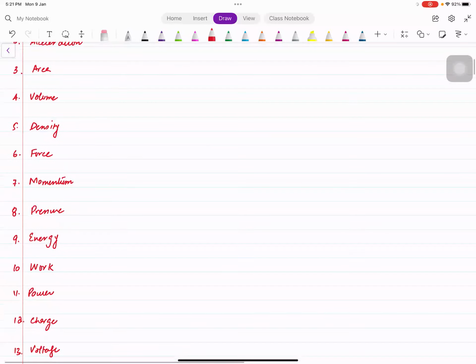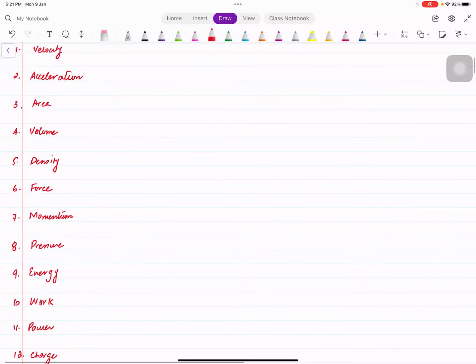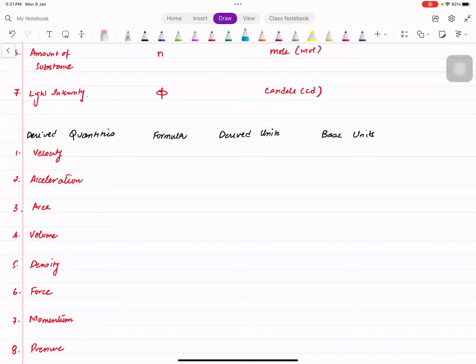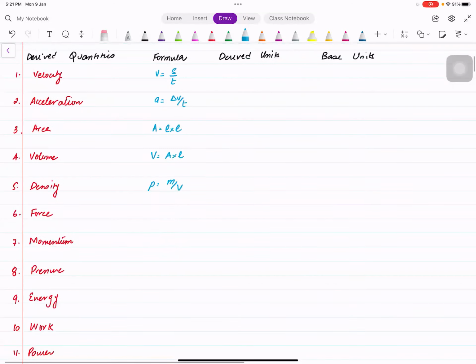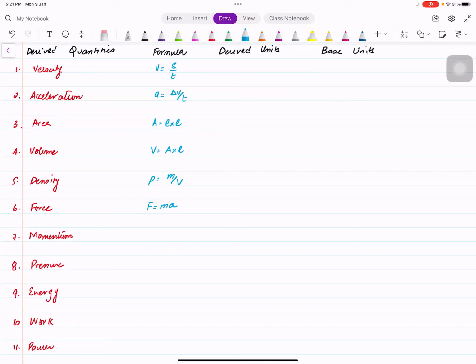Now, let's do velocity. Velocity is displacement over time. Acceleration is change in velocity over time. Area is length into length. You can take any area. Volume is area into length. Density is mass over volume. Force is F equals ma. Momentum is p equals mv. Pressure is force over area, or you can use rho gh, whatever you like.